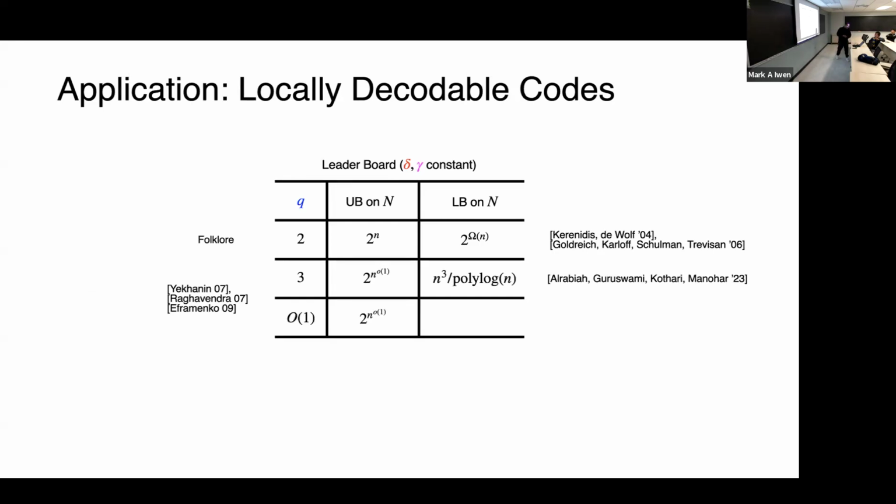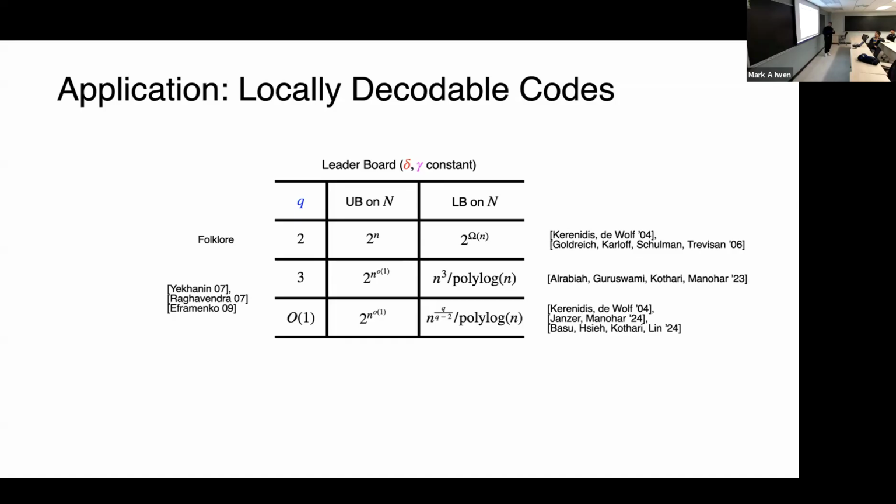And more generally, for any constant Q, let's say 4 and above, this construction can be extended. And unfortunately, our polynomial lower bound fails very fast with Q. So even when you plug in 4, things aren't too great.